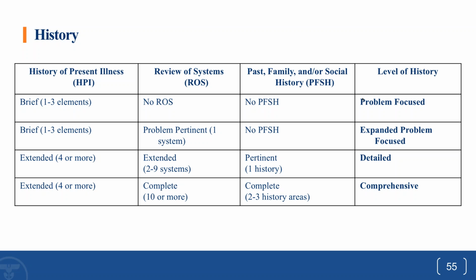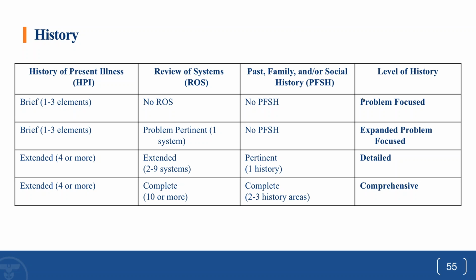So pertinent equals 1. And then complete is if they ask from another area, like if they ask something about the family, he answered, or they ask something about his social history, and he answered, then that's considered complete. So that's 2 to 3.